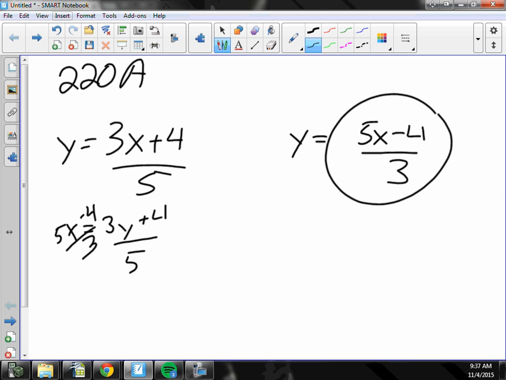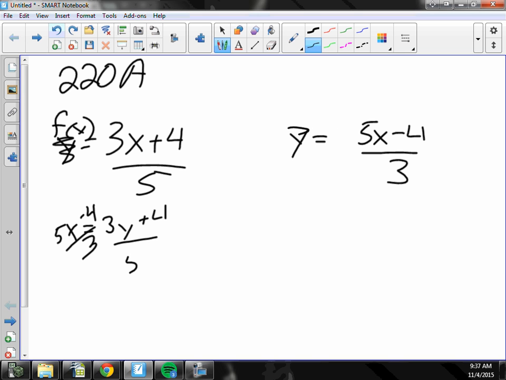But the way the book wants you to do it is to compose them. So let's call this f of x. Let's call this g of x.